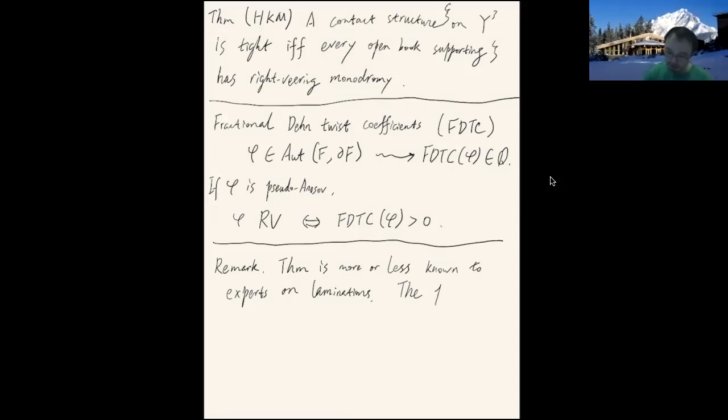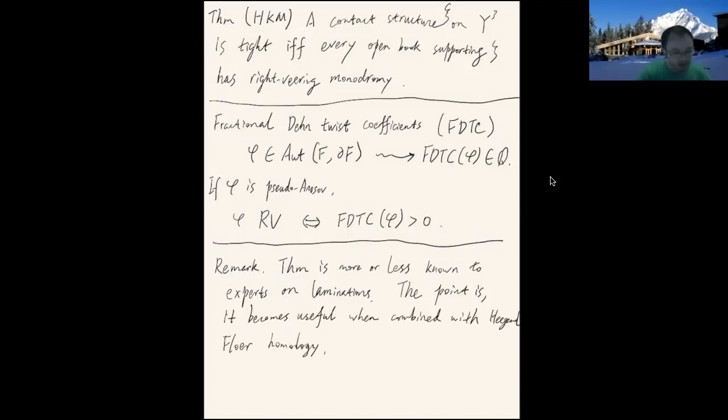But the point is, it becomes useful when combined with Heegaard Floer homology. So why is that?